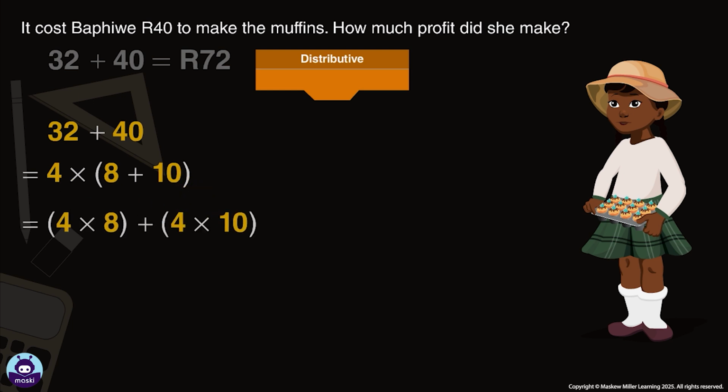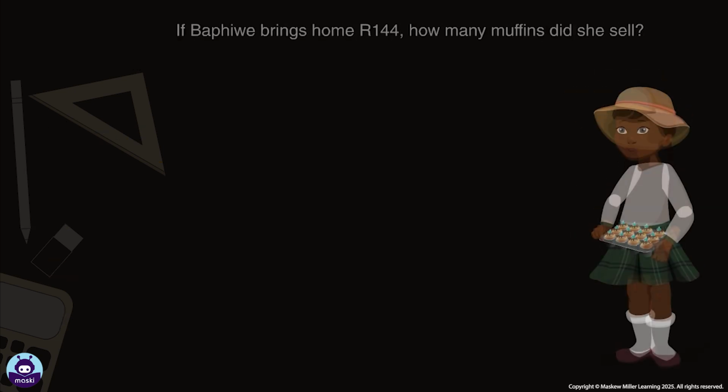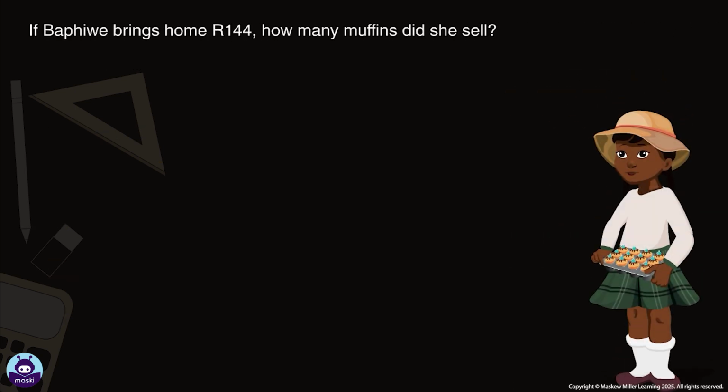Then calculate what is in the brackets first. Equals 72 rand.